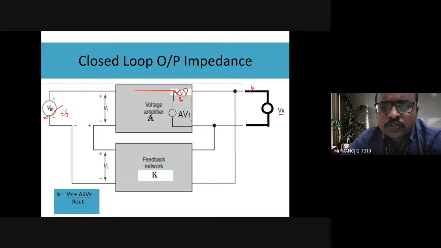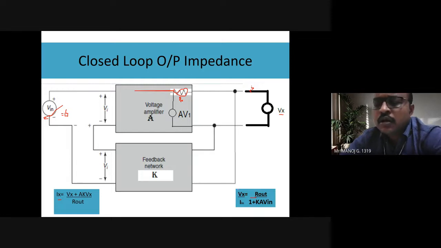Okay, so this would be the total value for the I. And the standard expression for your Vx by Ix is given to be R out by 1 plus K into A. Okay, so this is the thumb expression for output impedance.